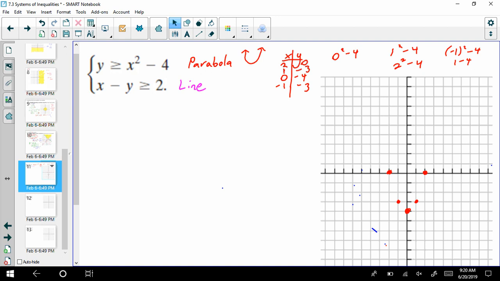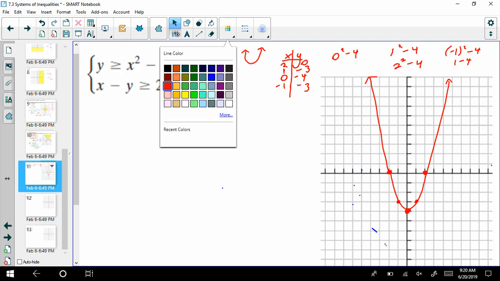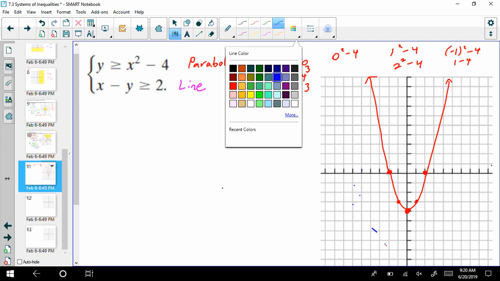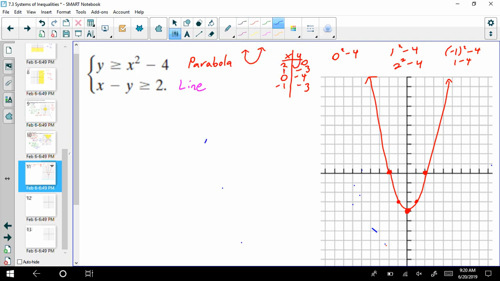Will it be solid or dashed? Should be solid because I have the equal to bar. Remember, it's just going to keep expanding. So there's my parabola. Let's figure out the shading on it. You should be able to tell. Y is greater than, so that would literally mean greater than the parabola or above it.